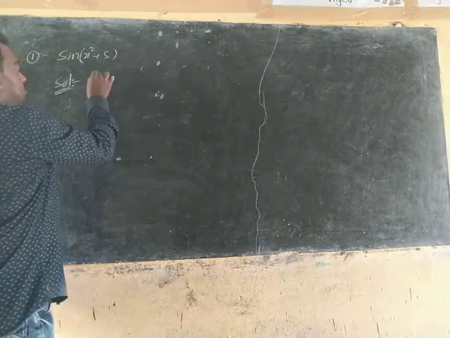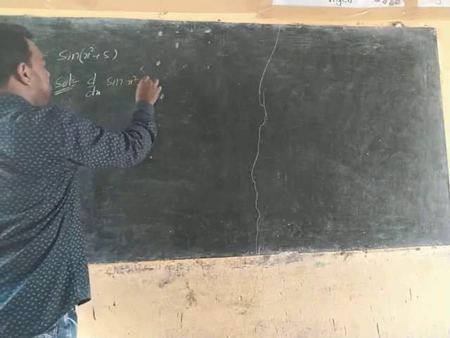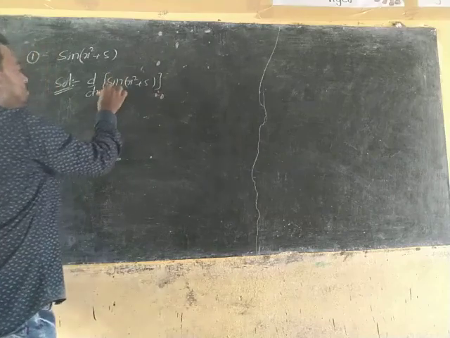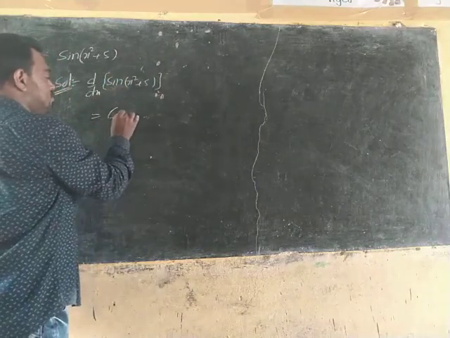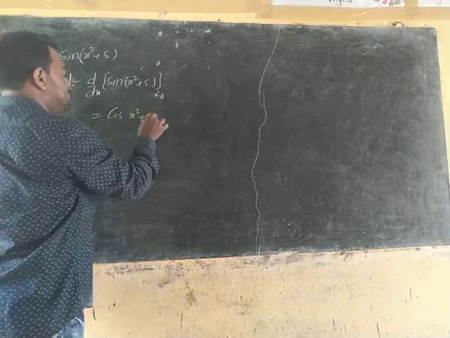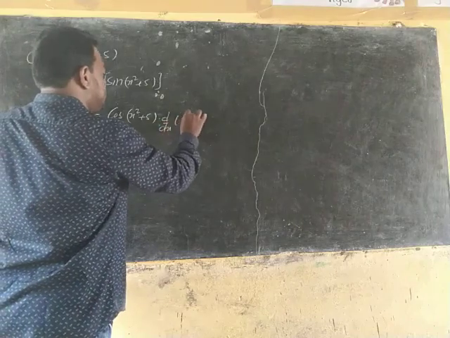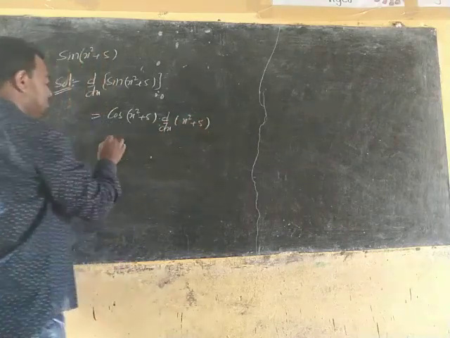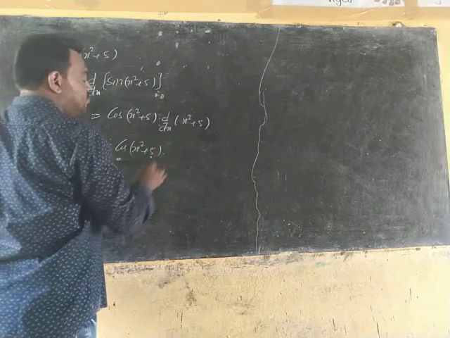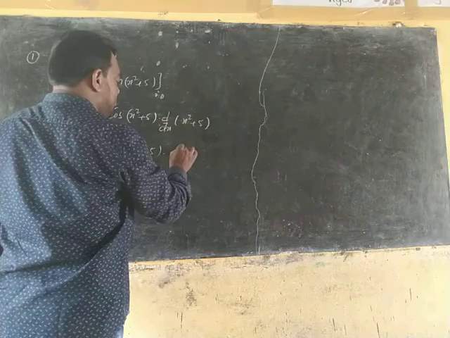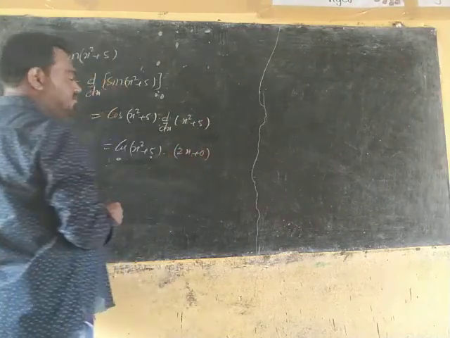Solution: d by dx of sine of x square plus 5. First, sine function derivative is cos. So cos of x square plus 5 into d by dx of x square plus 5. This is equals to cos of x square plus 5 into derivative of x square is 2x, derivative of 5 is constant 0.